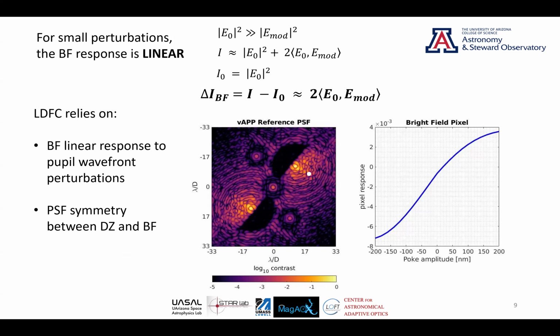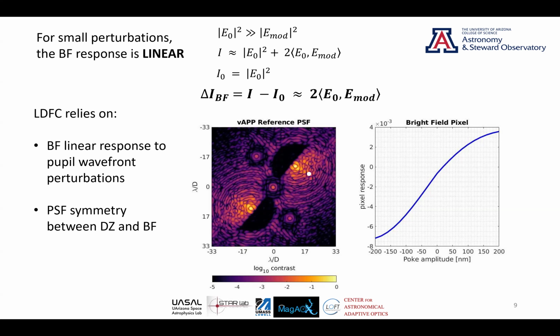However, if you make certain assumptions, you can in fact end up with a linear response. And that assumption is that the bright field, your initial field, E naught, is going to be substantially larger than any field that's derived from the perturbations applied on a DM or atmospherically imparted.